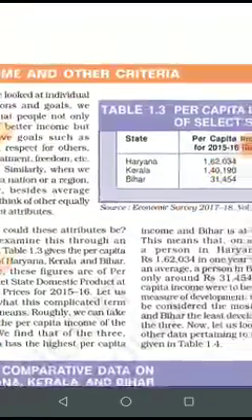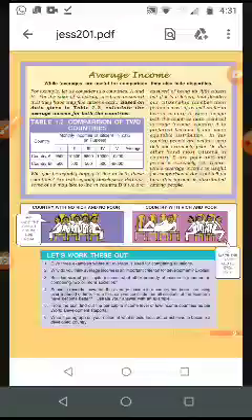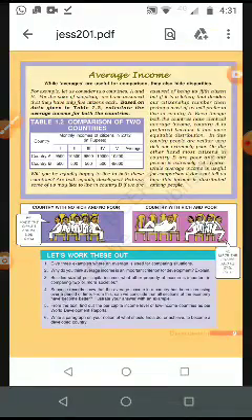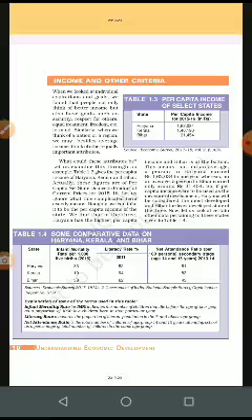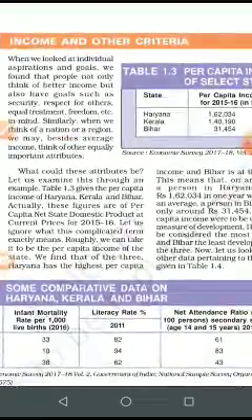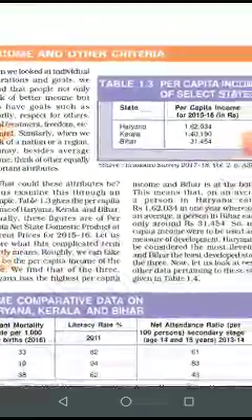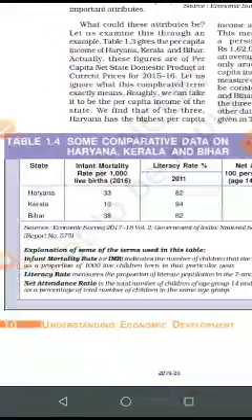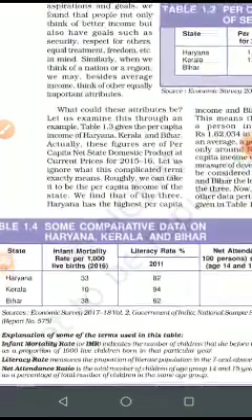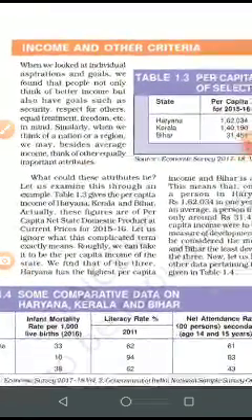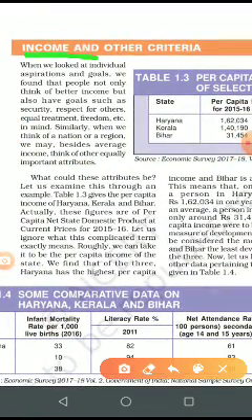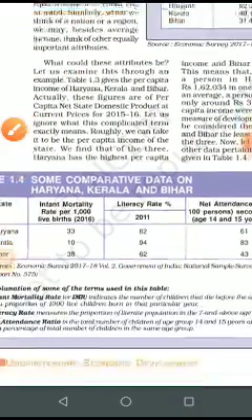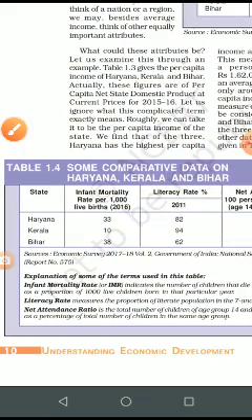This second topic is income and other criteria. Today we have discussed average income and how we compare the countries. Now we have to talk about income and other criteria. This we will be doing in the next video, children. Everywhere you will find certain examples.